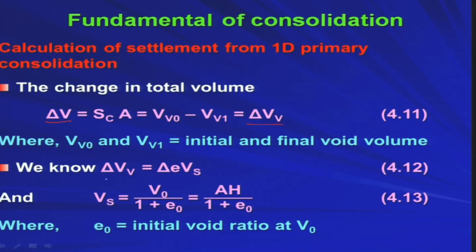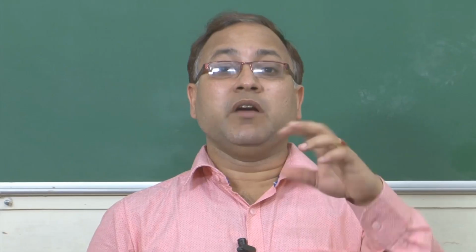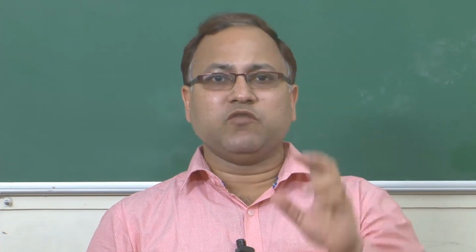Now we know from our fundamental definition of void ratio that delta V V, the change in void volume, is equal to delta e into V s, where delta e is the change in void ratio. We know that e is equal to V V by V s, if you recall. So, delta e, the change in void ratio, is equal to the change in void volume divided by the volume of solid.